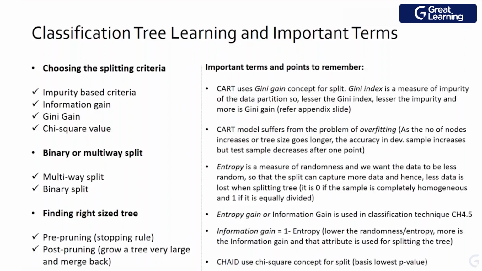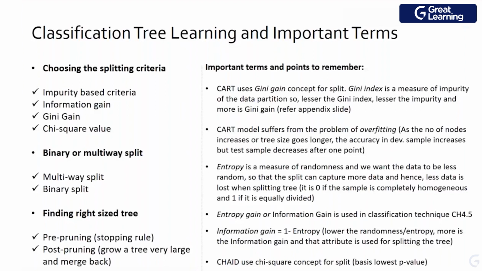You can either do pre-pruning. When I say pre-pruning, there is a stopping rule attached to it, so you don't allow the tree to grow too large. There are a lot of attributes that you can use when you're using a CART technique. There is min bucket, there is node split.